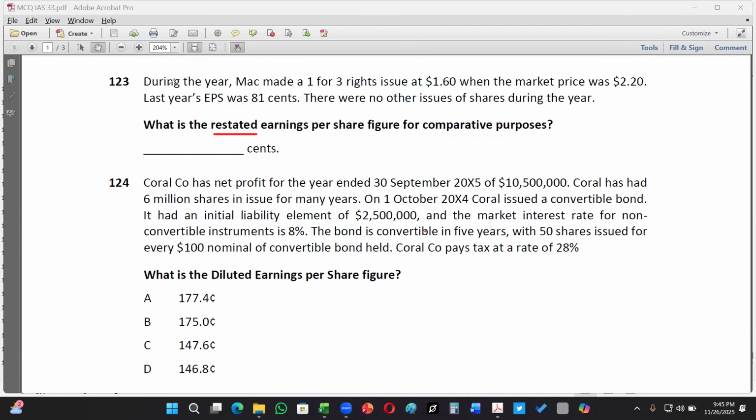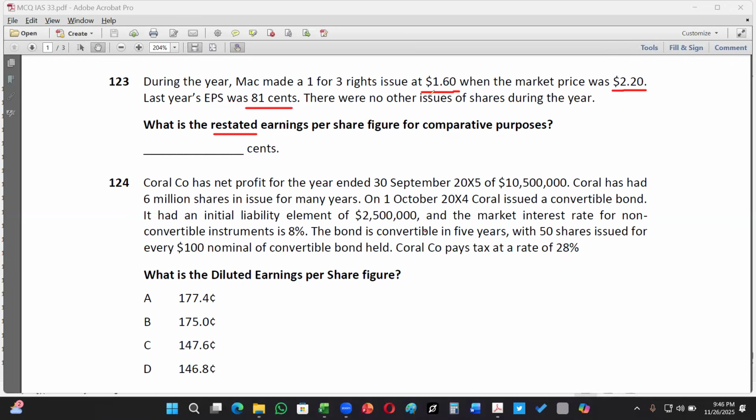So what has happened during this year? Mac made a 143 rights issue at $1.6 when the market value was 2.2. So here this company is making a rights issue at this price when the normal price was 2.2. The last year's EPS was 81 cents.